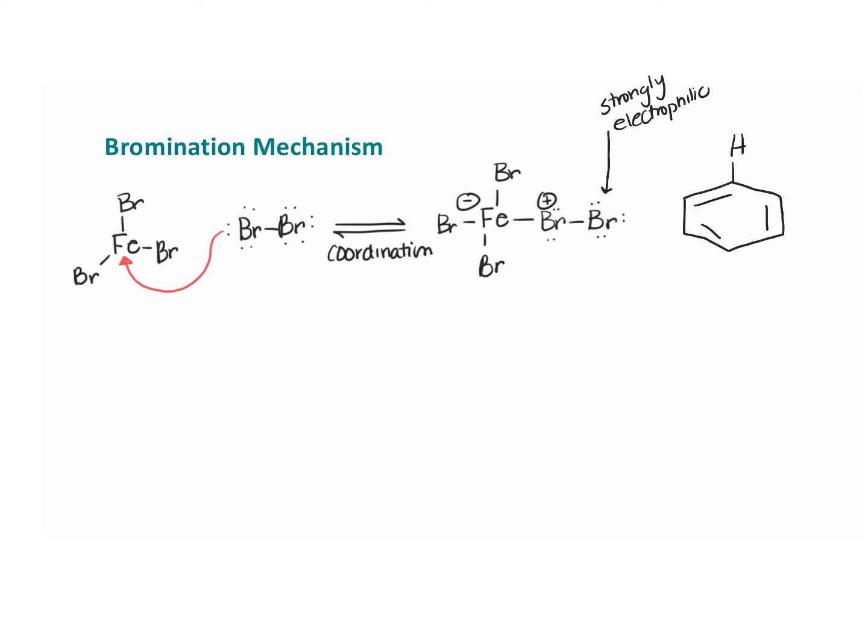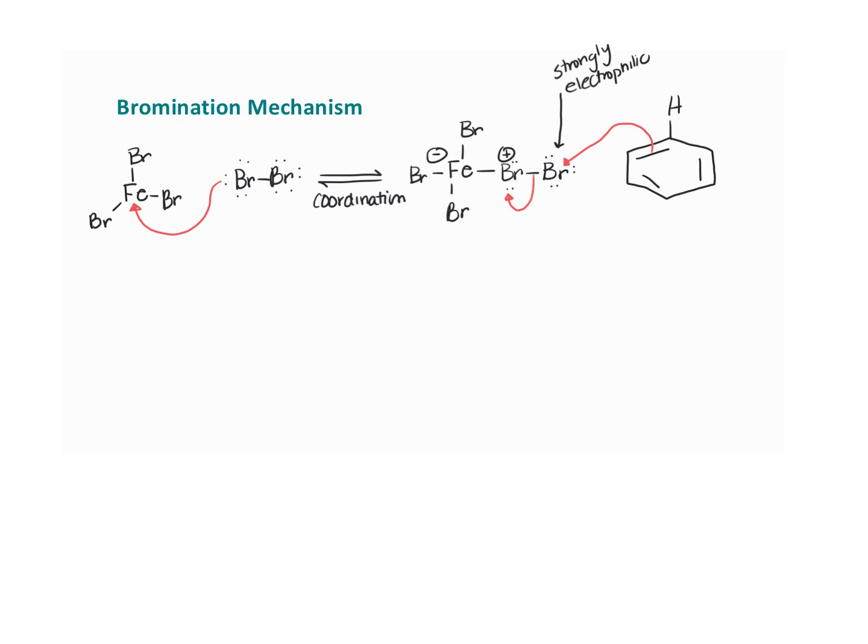It is going to come down, and those electrons are going to attack that bromine because it's strongly electrophilic, and then those electrons are going to go back on that bromine. Now, that's our electrophilic addition reaction. And so this is where the aromaticity is lost.